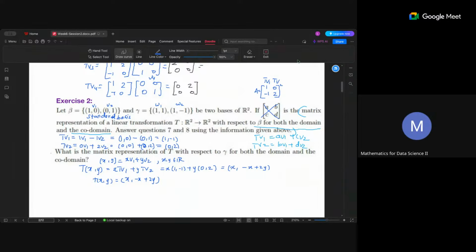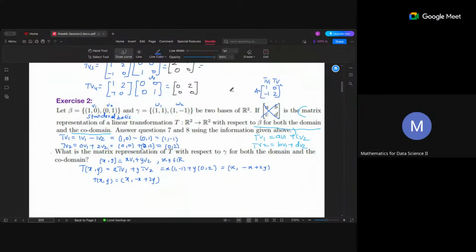If it is not the standard basis, this is the process you have to go through. First, you write T(v1) as a linear combination of the basis elements given for the codomain, and T(v2) likewise. Then you calculate T(x, y) like this. But if you are given the standard basis for both domain and codomain, like in this specific case, there is a shortcut.